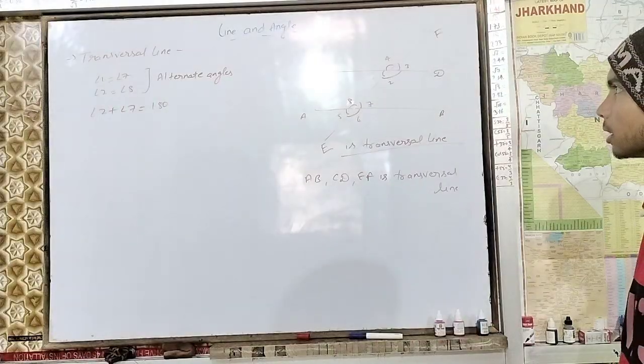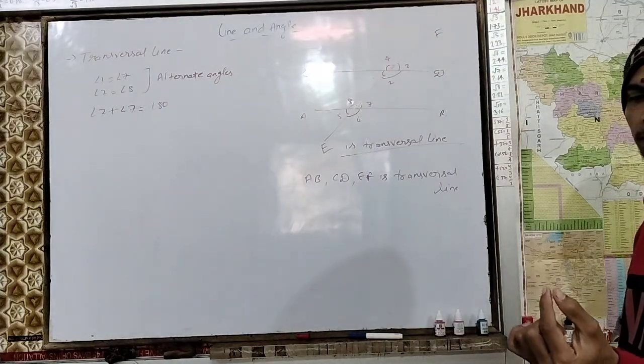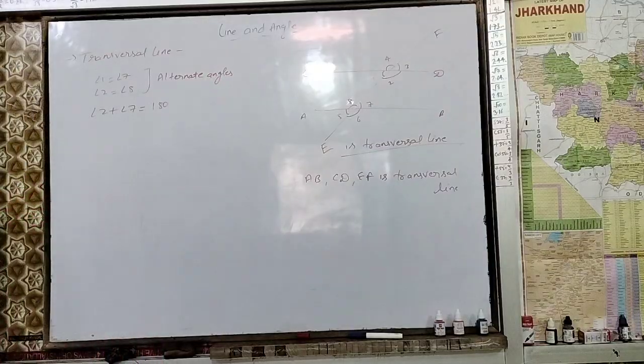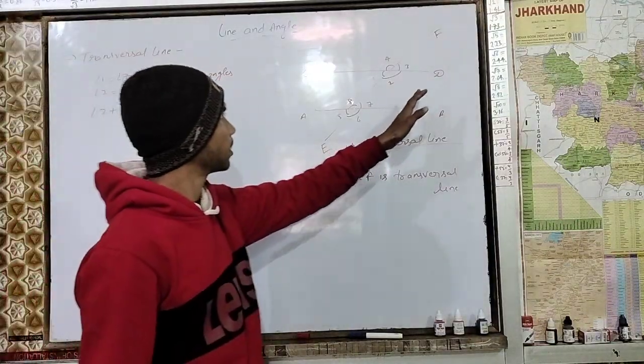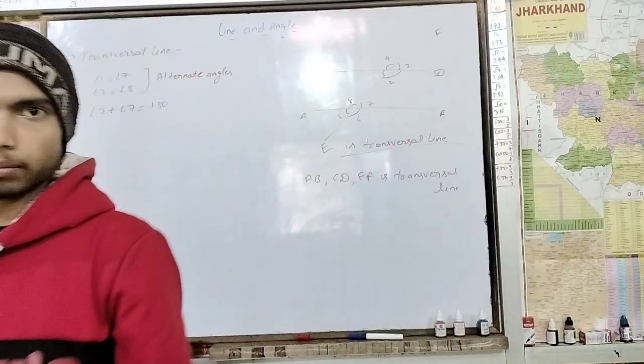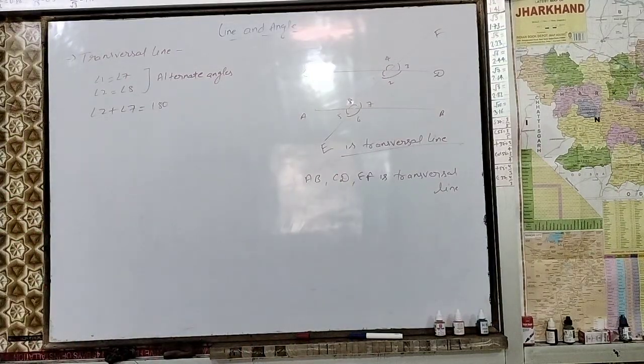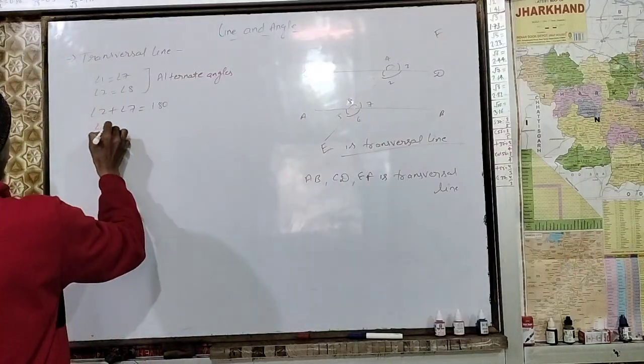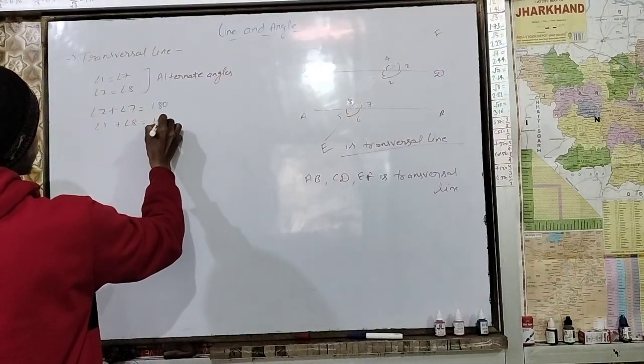We will take a part where the proof will be discussed, but right now we are ignoring it. Angle 2 plus angle 7 will be 180. The sum of two alternate angles will be 180. Same with angle 1 plus angle 8 will give us 180.